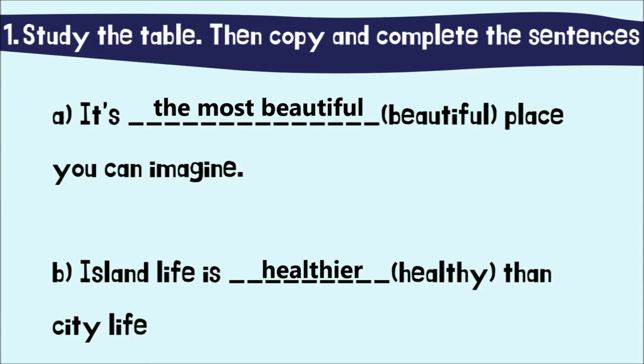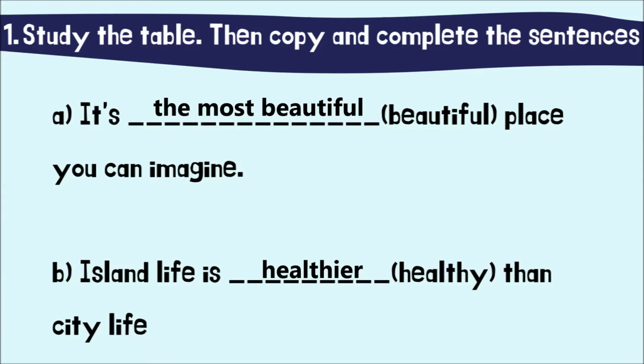Okay, look at question B. Island life is, kehidupan di pulau lebih apa? Healthy in the bracket is the adjective. Then city life. Okay, island life is healthy. Then city life. Okay, for sure.